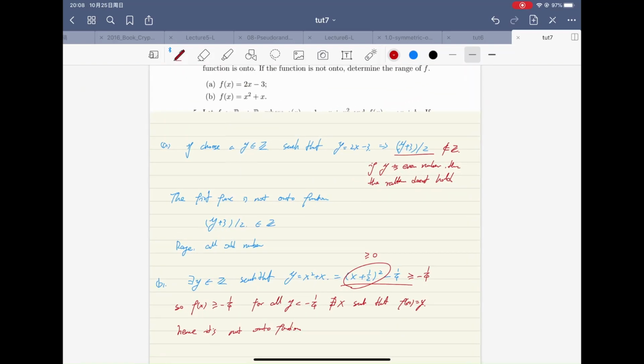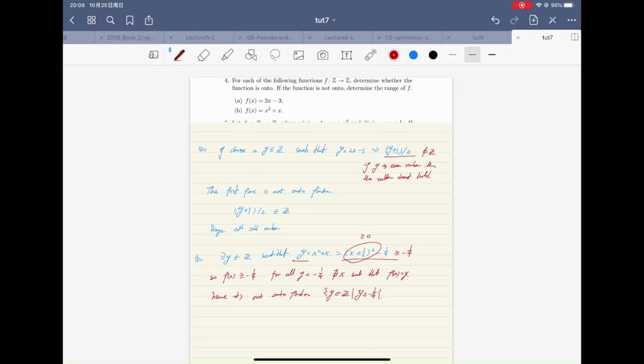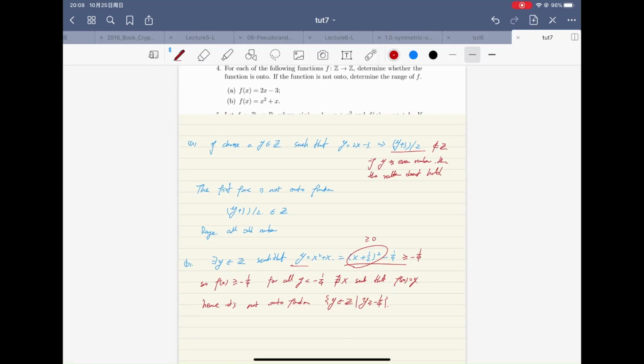So what's the range? We have that y must be greater than or equal to negative 1/4. So the range is y belonging to the integers with y greater than or equal to negative 1/4. Yep, that's question 4.